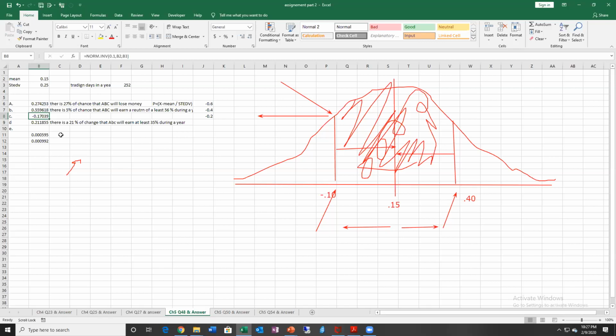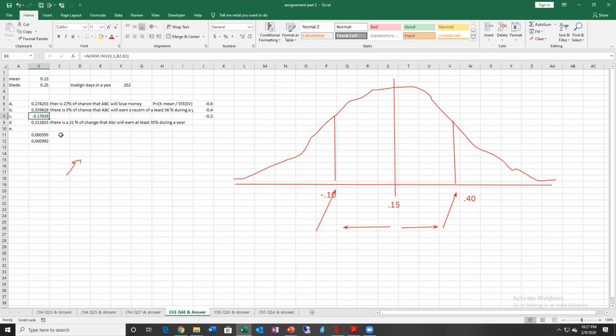Correct. So let me ask you a question. If this is 34, I'm going to erase some of this really quick. This is where we play around with this normal distribution. 68% of the data lies within one standard deviation.